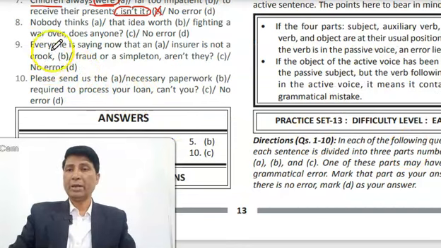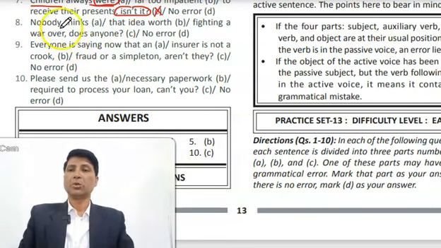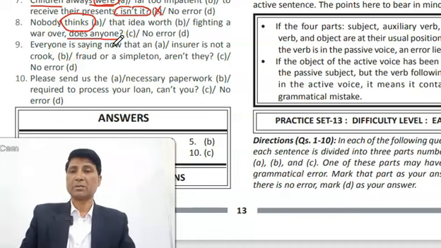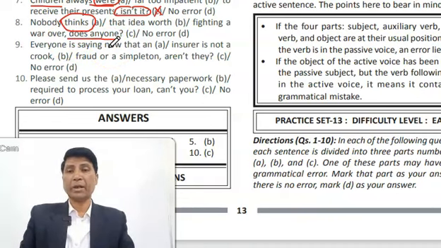Look at question number 8. Nobody thinks that idea worth fighting a war over. Does anyone? So here the given verb is in the simple present tense. The question tag has been formed by using the simple present tense. So you can consider it to be correct, but it is not, because the subject of the main statement is a negative pronoun, nobody.